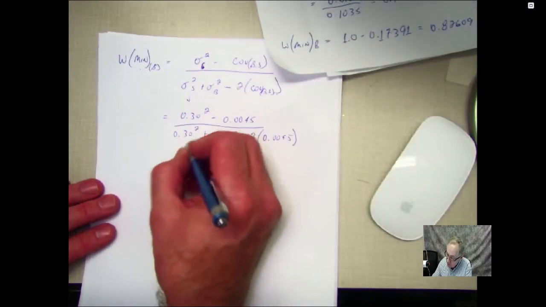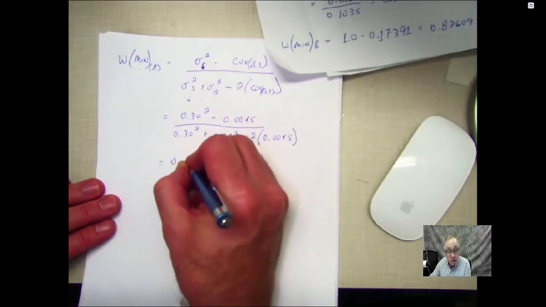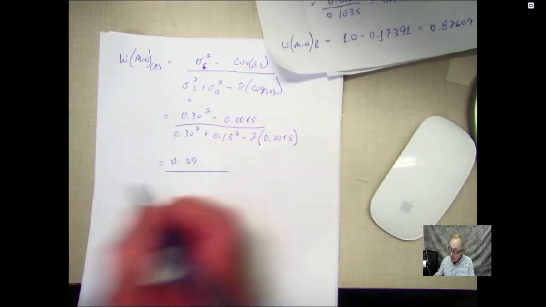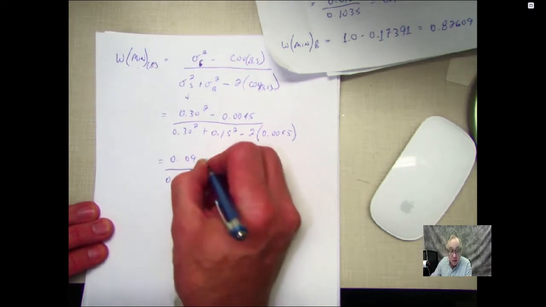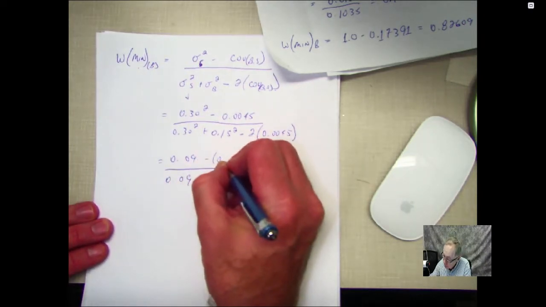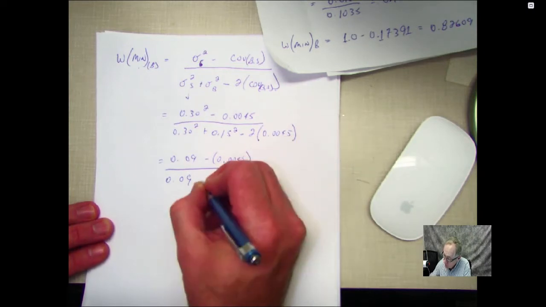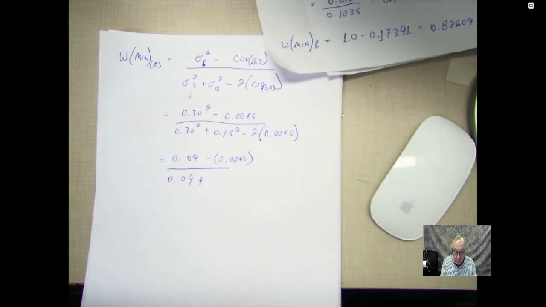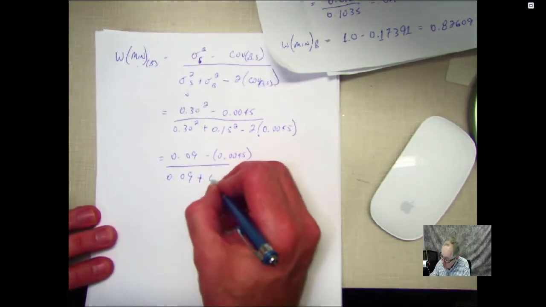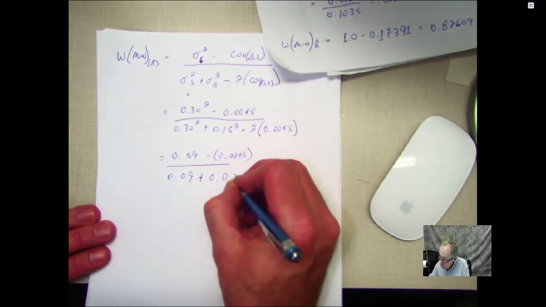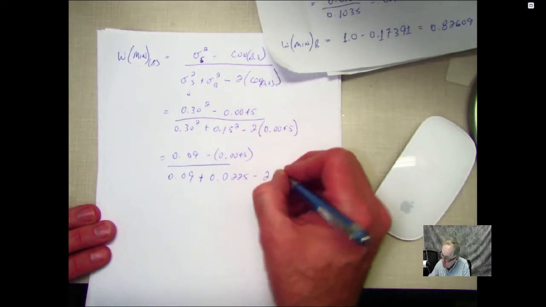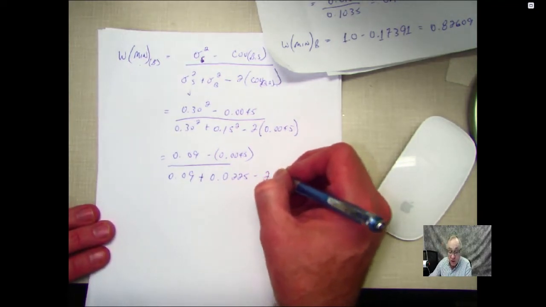So 0.3 squared, 0.09, divided by, again, 0.09 minus 0.0045, and here plus 0.0225 minus 2 times the covariance 0.0045.